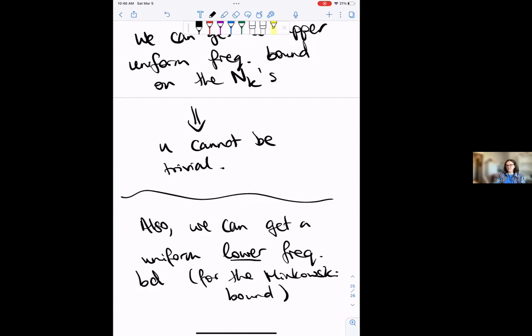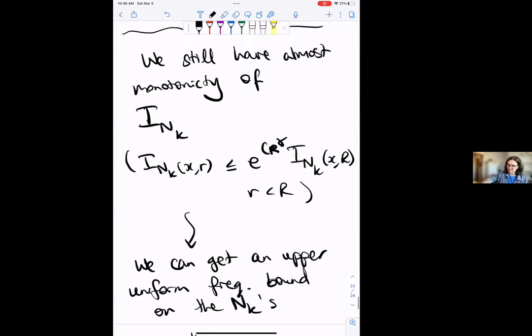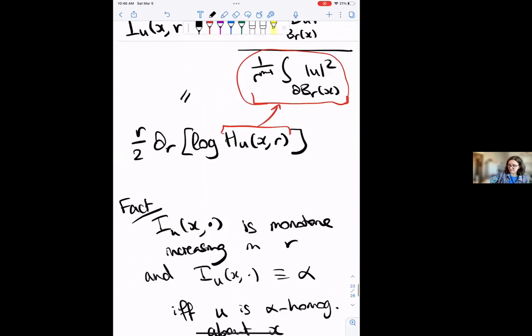And this tells us that having this uniform lower frequency bound tells us something about how the L2 height scales, because of this fact that this frequency is the radial derivative of the logarithm of the L2 height. So it tells us a scaling for the height. And this tells us that in fact you get persistence of the singularities in a very robust way to the limit.